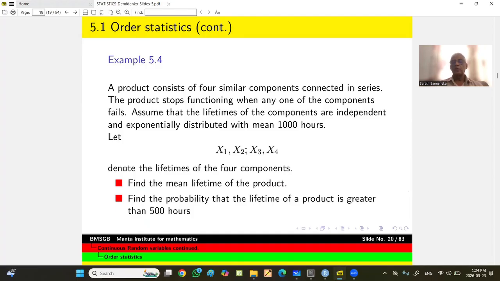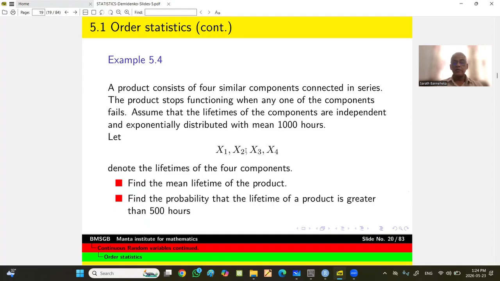Therefore, our variable of interest in this case is the first order statistic, which is denoted by x subscript within bracket 1. So when the question says find the mean lifetime of the product, what you have to do is find the mean of the first order statistic.